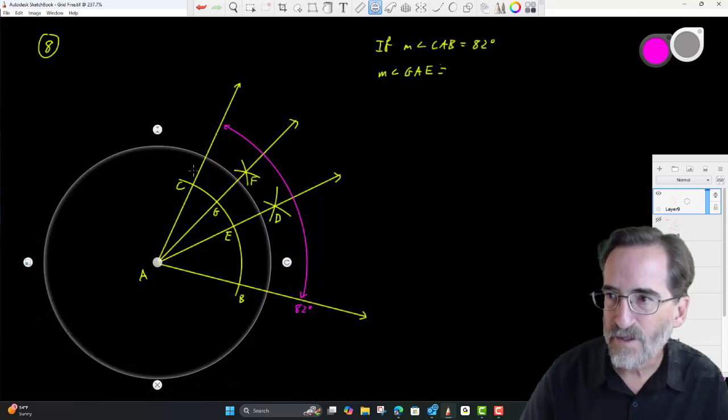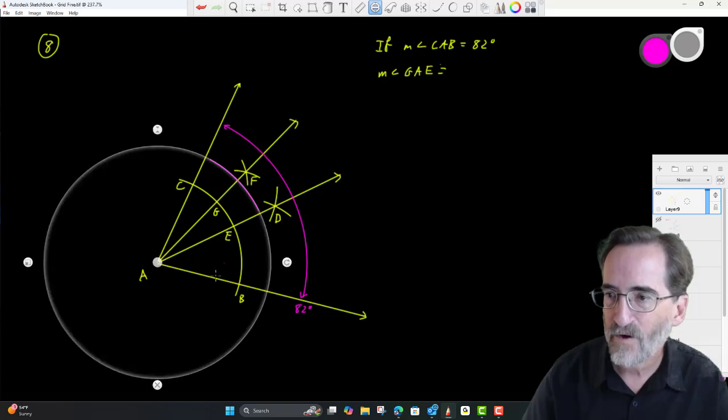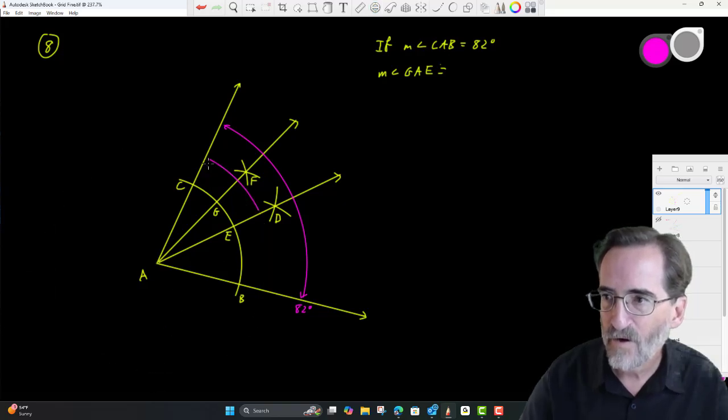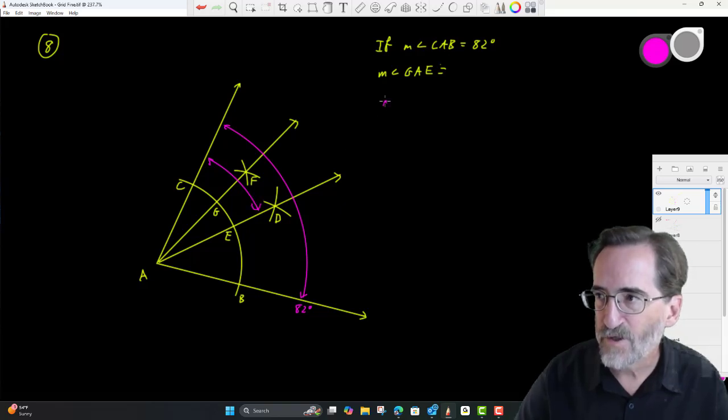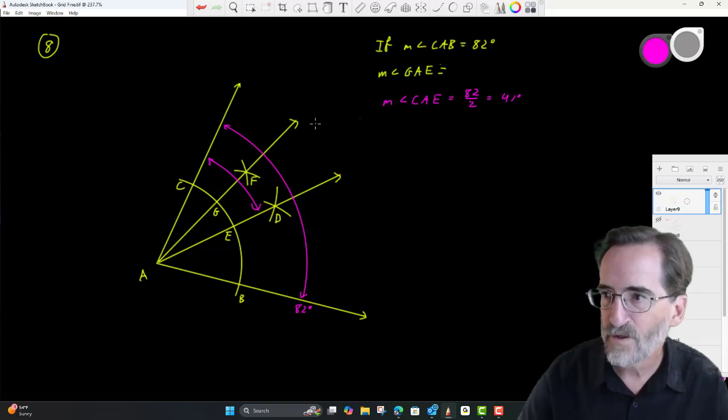So what is 82 degrees split in half? In other words, the measure of angle CAE equals 82 divided by 2, or 41 degrees. So this one's 41 degrees. Here, let's put this up here.